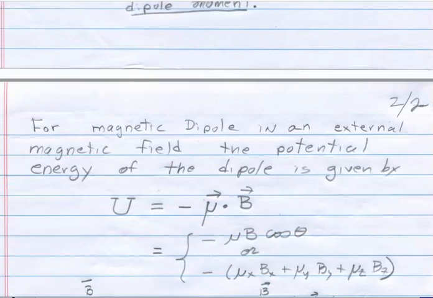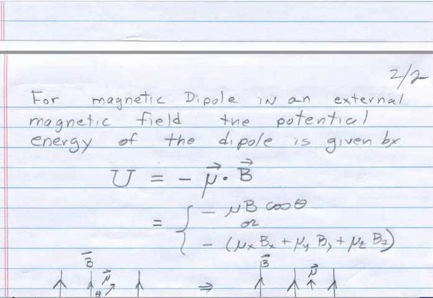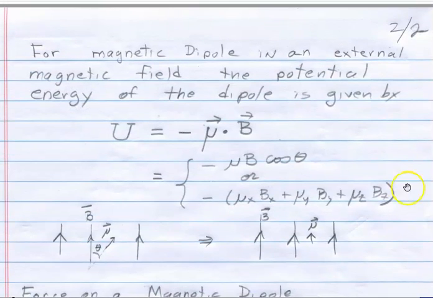Well, for a magnetic dipole in an external magnetic field, one obtained probably in some of your lower level classes, is the formula for the potential energy of the magnetic dipole mu in this external magnetic field.